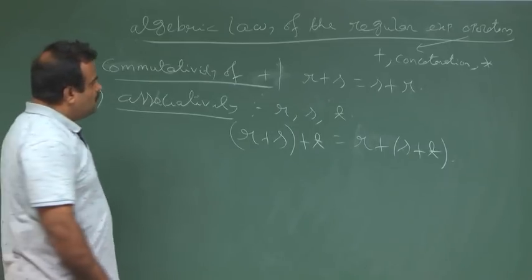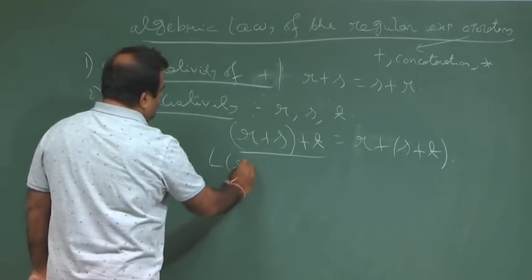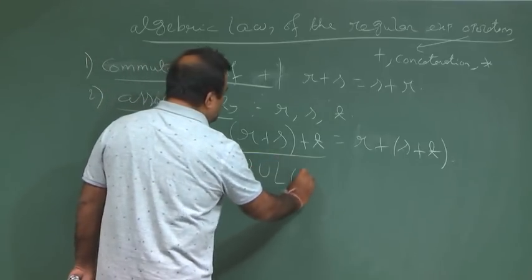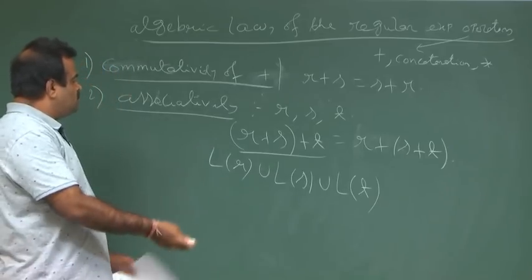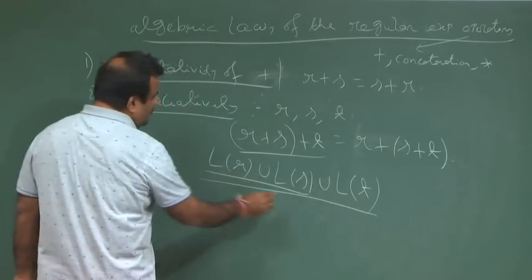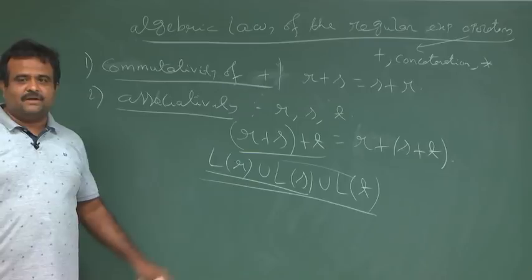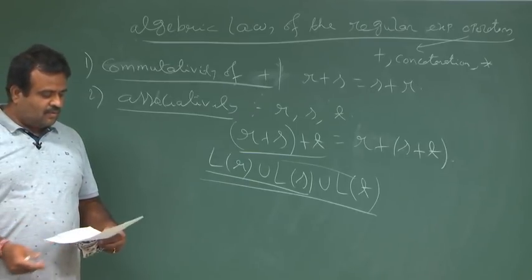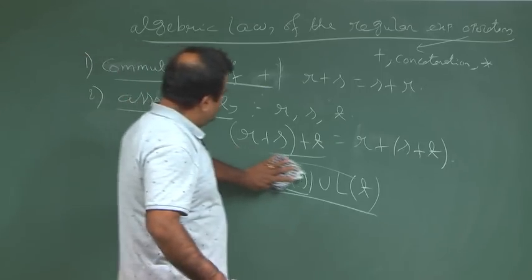This is also true, because the corresponding language is L of R union L of S union L of T. It does not matter which way we take it: first the union of these two and then with the third, or the union of the other two first and then the rest. Union itself has the associativity property, so associativity is there.